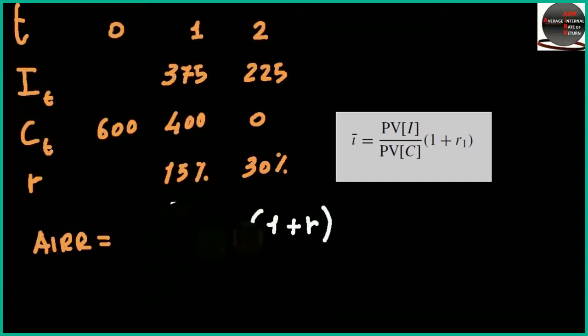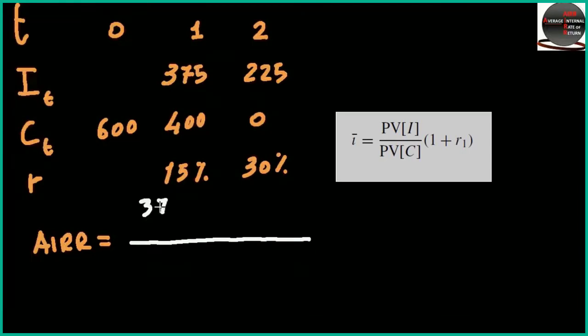Let us compute the discounted sum of incomes and divide by this discounted sum of capitals. So we have the first income, which is 375. We divide it by the first discounting factor, which is 1 plus 15%. This is the present value of the first income.